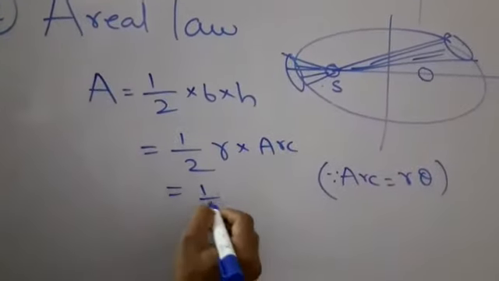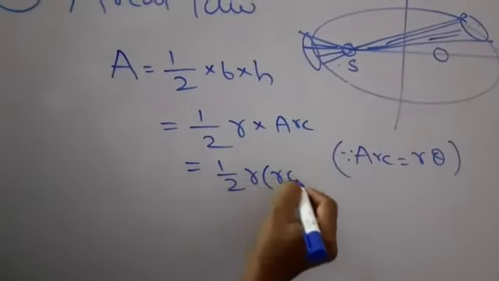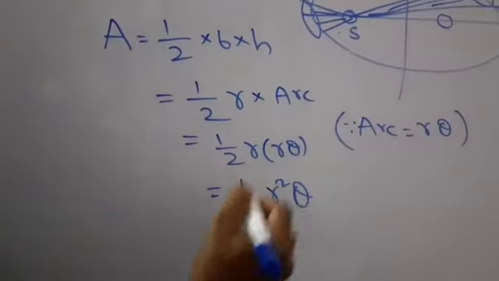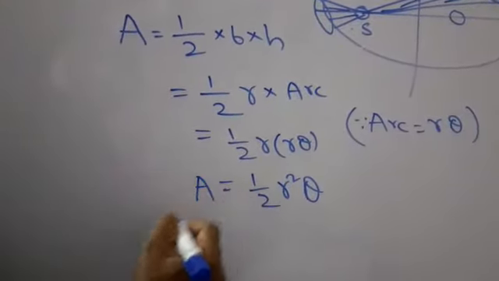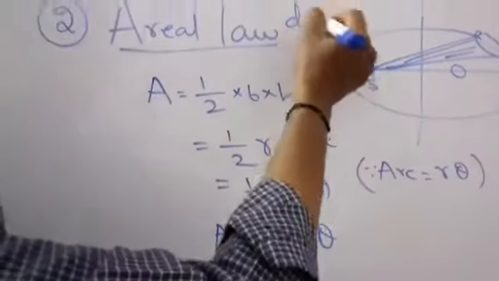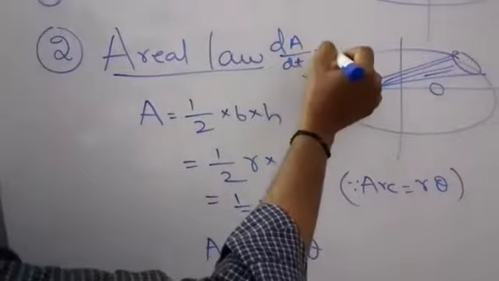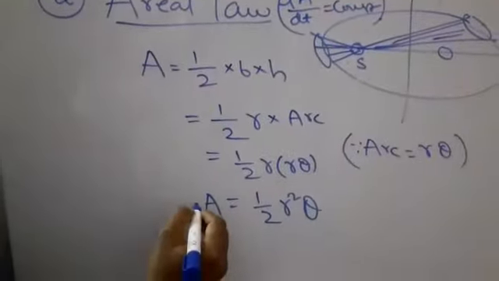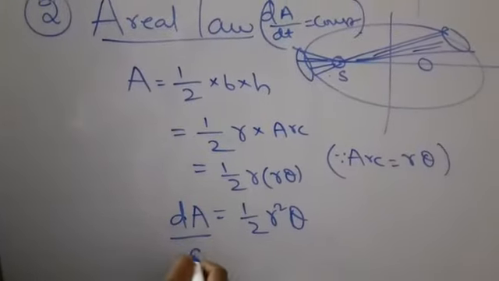Therefore, A is half into r theta, that is half into r square into theta. So the swept area per unit time is constant, that is dA by dt is equal to constant. This is the areal law.